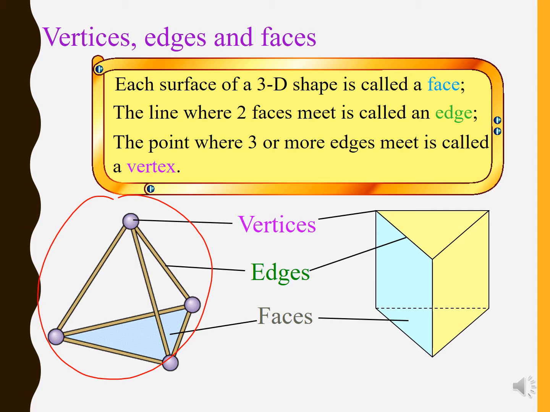For the plasticine balls, we use the mathematical term vertices. Each surface of a 3D shape is called a face. The line where two faces meet is called an edge. The point where three or more edges meet is called a vertex.